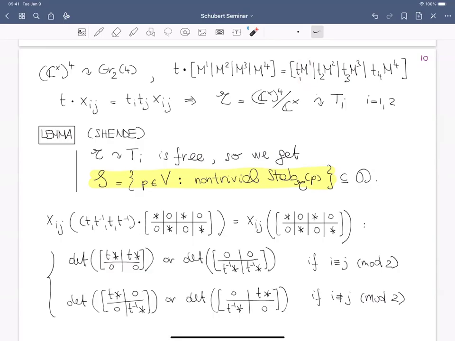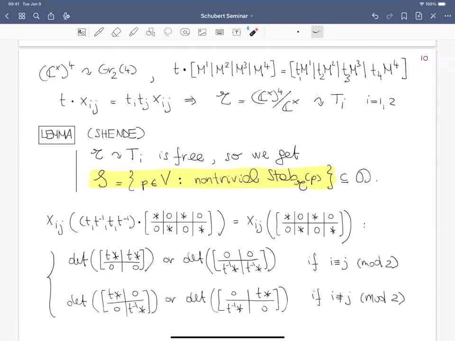Now, if you think about how the induced action on the Plucker coordinates looks like, it's just like this. The Plucker coordinates are homogeneous under this action. They get sent to a multiple of themselves, and that multiple is the product TiTj if you act on Xij.